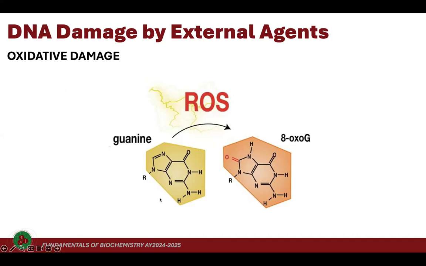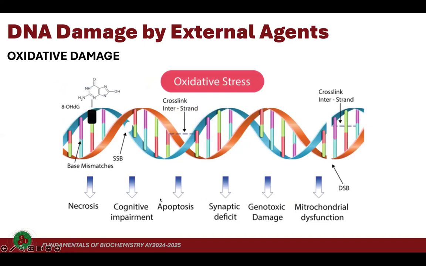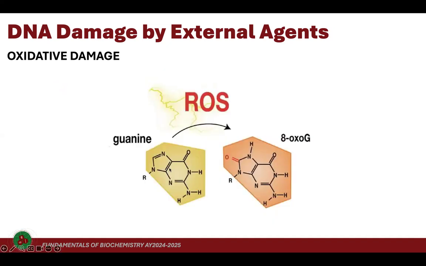So when your cell experiences oxidative stress, this could lead to a lot of damage to your DNA. There are several types of damages that can happen, like the direct oxidation of your nitrogenous bases, as what we've seen in this slide, wherein your guanine undergoes oxidation at the 8th position, carbon 8.